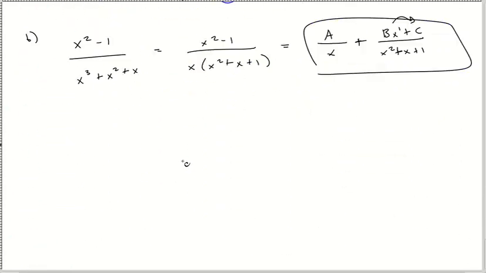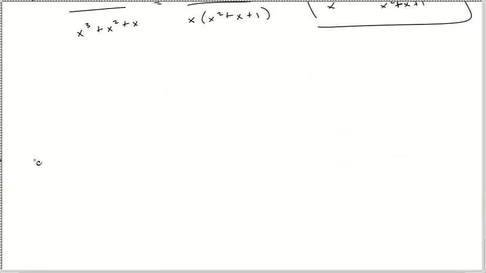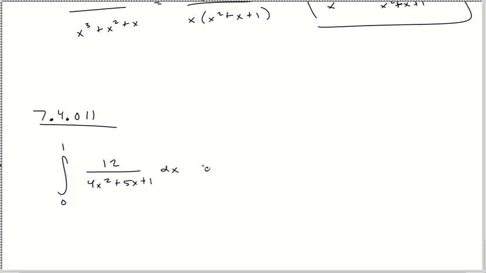Okay. That was a lot of work. We have not even done calculus yet. Yeah, we were just doing setup problems. Integral from 0 to 1 of 12 over 4x squared plus 5x plus 1 dx. Solve. There is a way to get this done with formulas. I know it. There are formulas somewhere in that formula book that'll just do this.